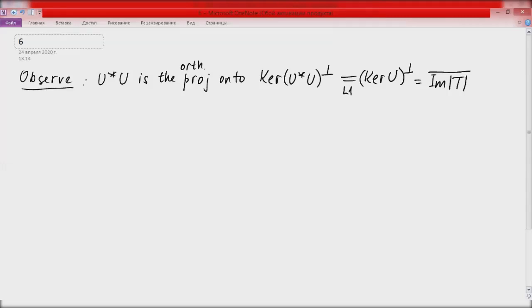So this observation implies that if we combine this projection with the modulus of T, this projection leaves the image of the modulus of T invariant.